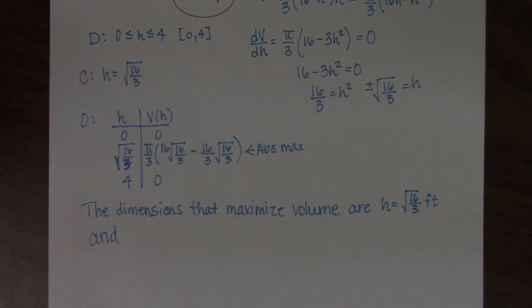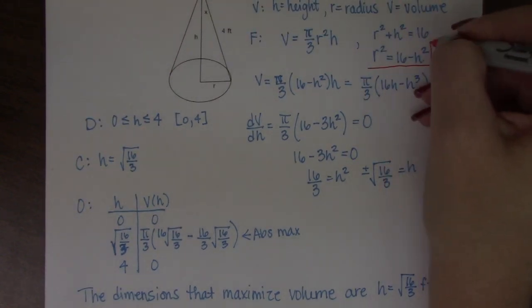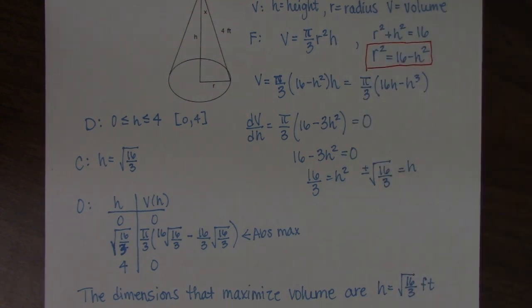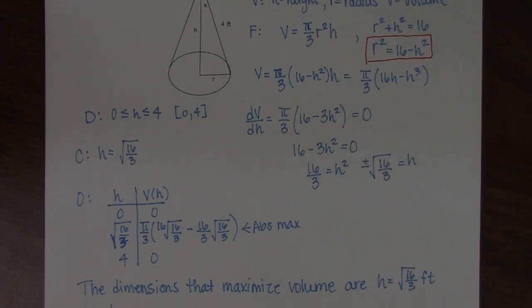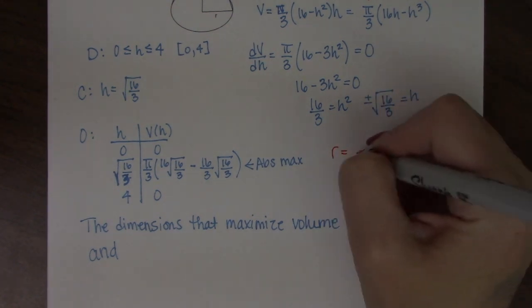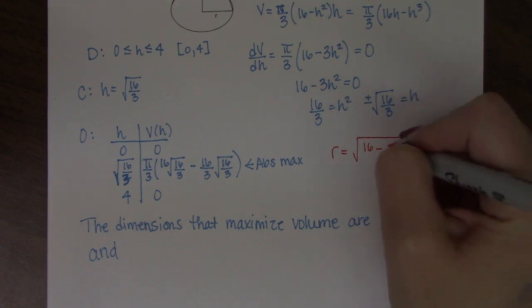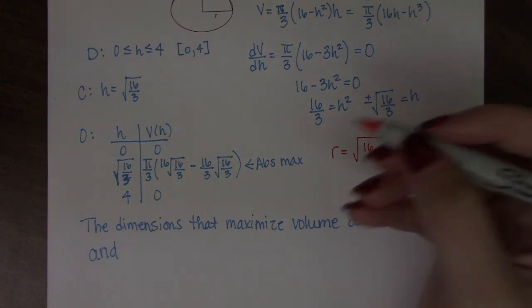So to find the radius, we actually define the radius as a function of h right here. We actually found the squared radius. So r is going to be the square root of 16 minus h squared.